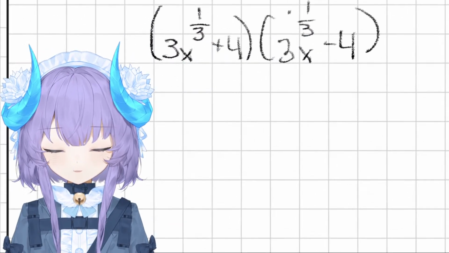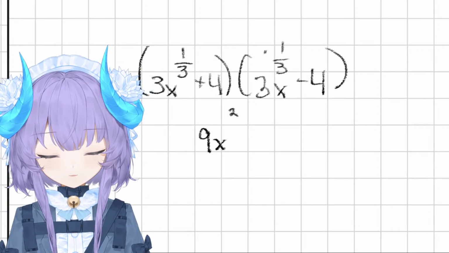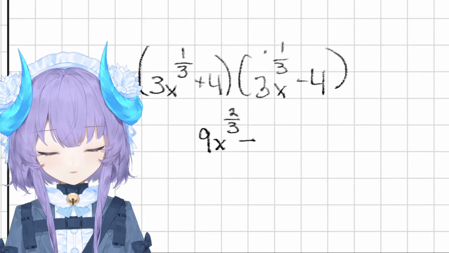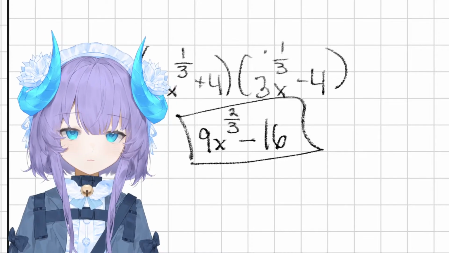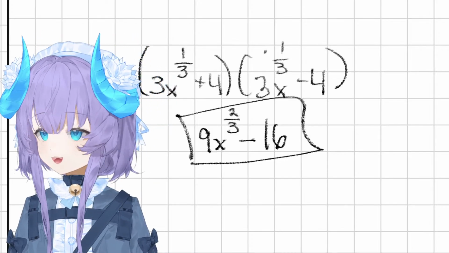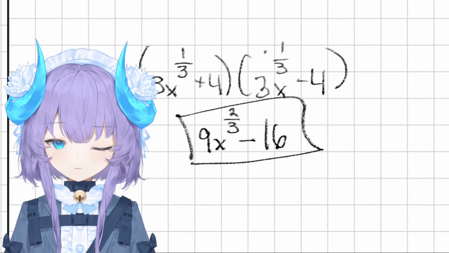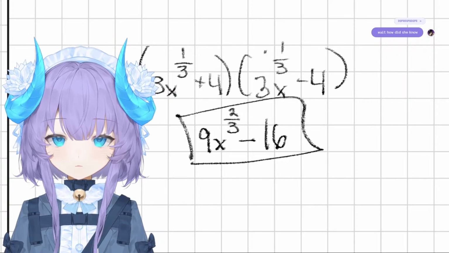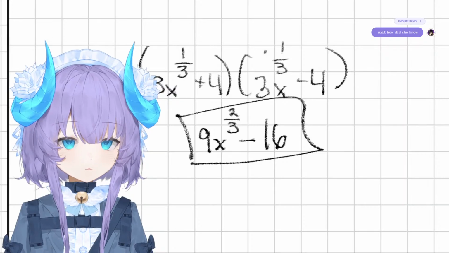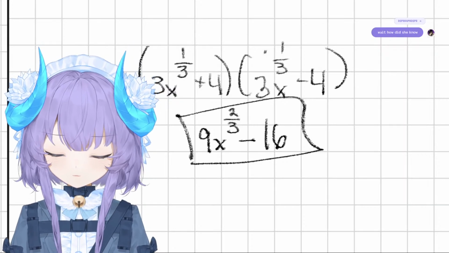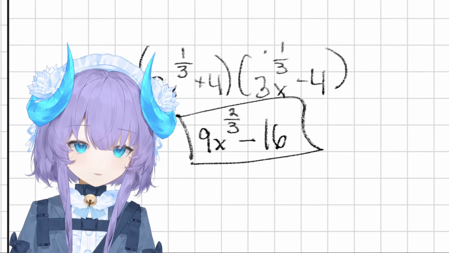Okay, so this new one, I'm thinking it's going to be probably 9x to the 2/3 minus 16 is going to be our answer. It's pattern recognition. If I'm right, I'm going to feel so cool. Fantastic! I got it!